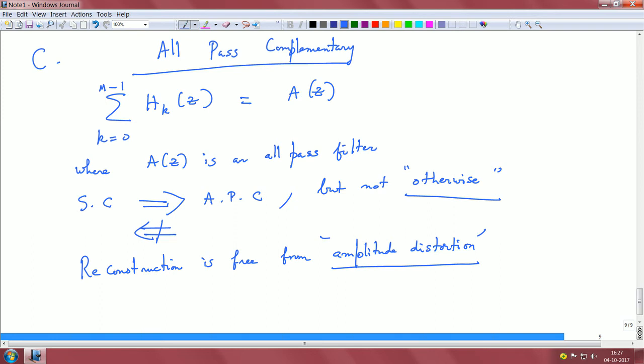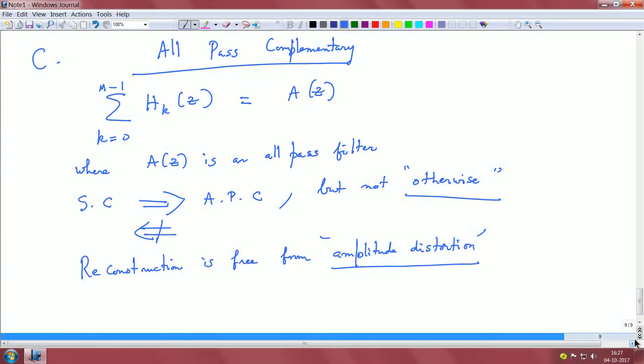Phase we may not be able to control here, but at least we can say that the magnitude response is unaltered, right. So, it is all pass. So, therefore, these are some basic properties.